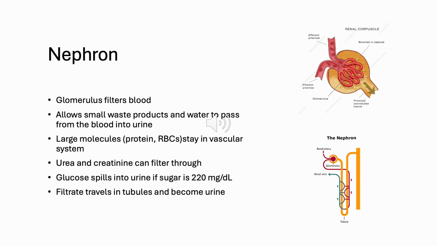Filtrate, which is what filters through the glomerulus from the blood into the urine, travels in the tubules and becomes urine. So that was pretty painless, right? You learned that you should not see large molecules, protein and red blood cells, in your urine, and that you should have a normal BUN and creatinine if the kidney's working properly.